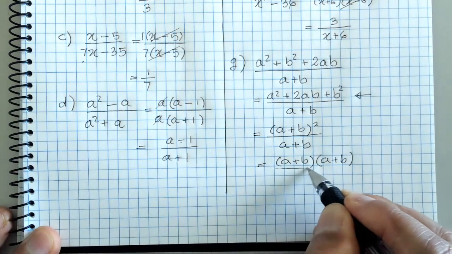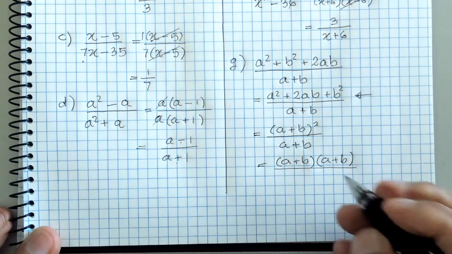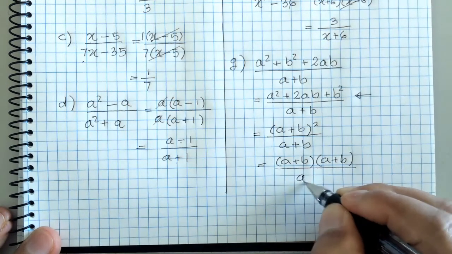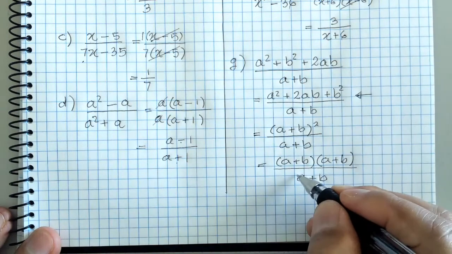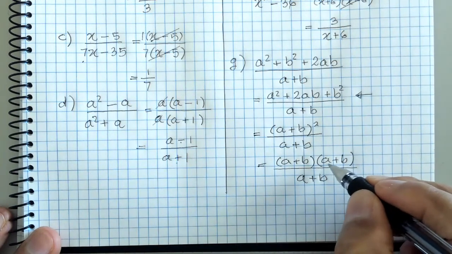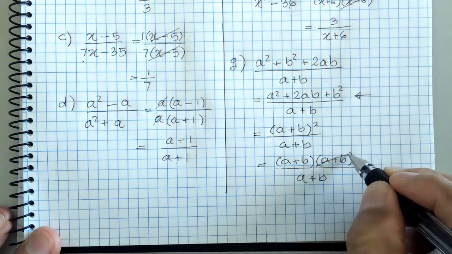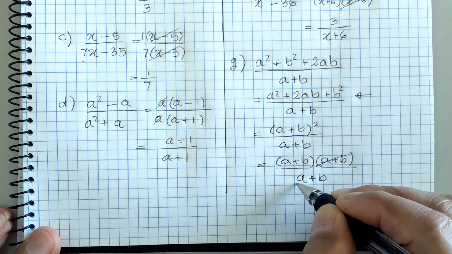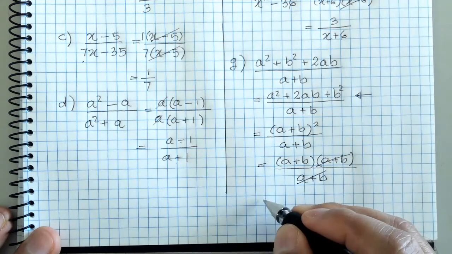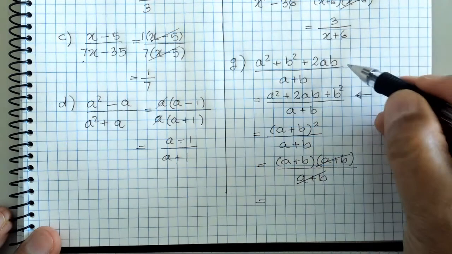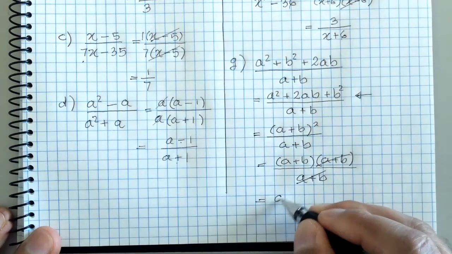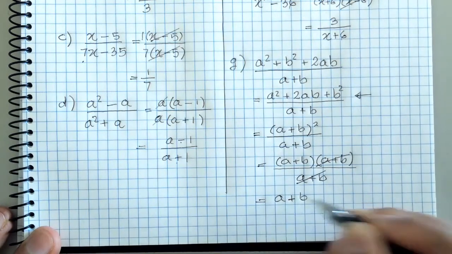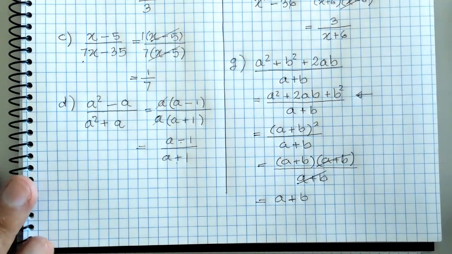And then you divide this by a plus b, and then you can see clearly that we can take one a plus b from the top, another one from the bottom. So I mean that the final answer for this expression is just a plus b. Okay, so that is the answer for that question.